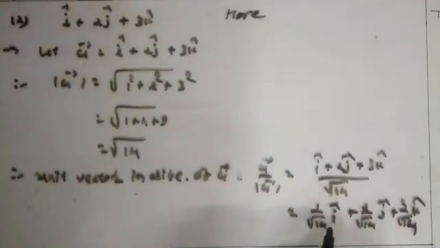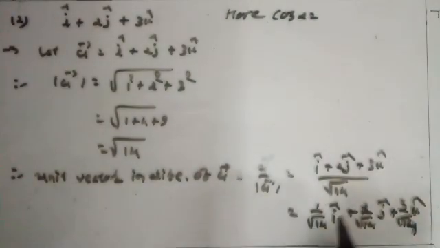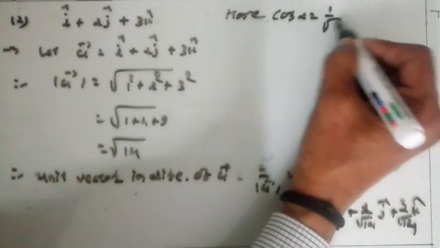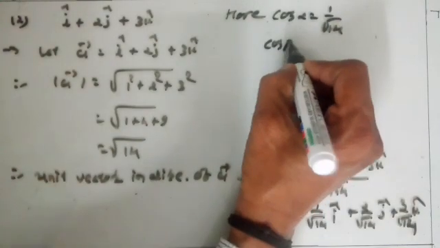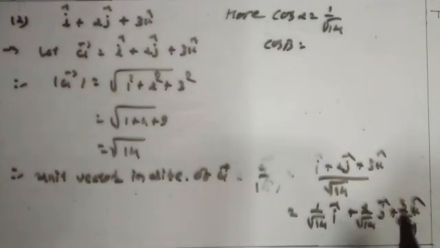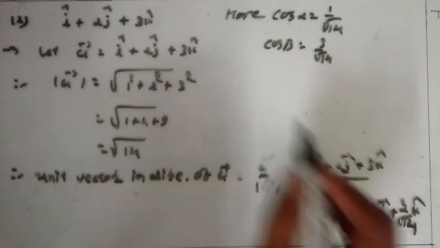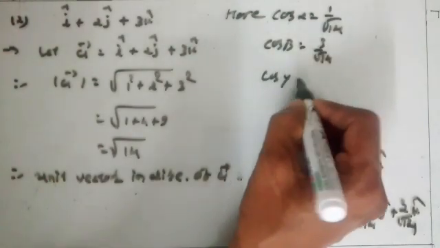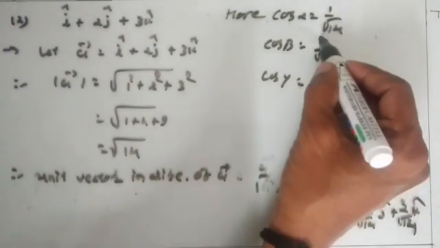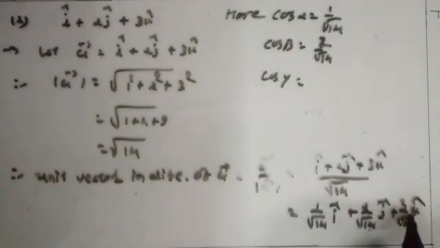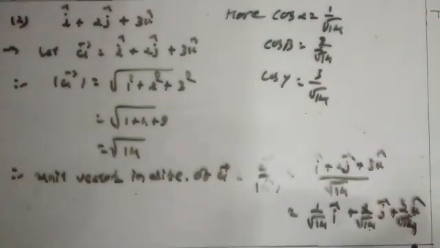Here direction cosines: cos alpha is equal to the first component, 1 upon root 14, cos beta is equal to 2 upon root 14, and cos gamma is equal to 3 upon root of 14. Clear?